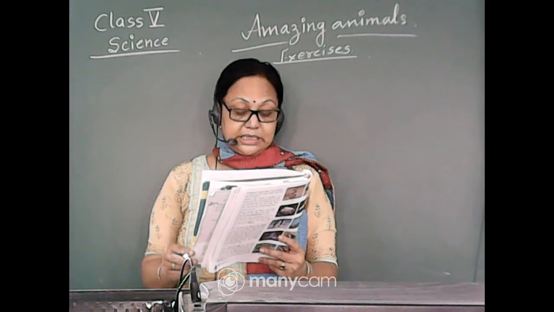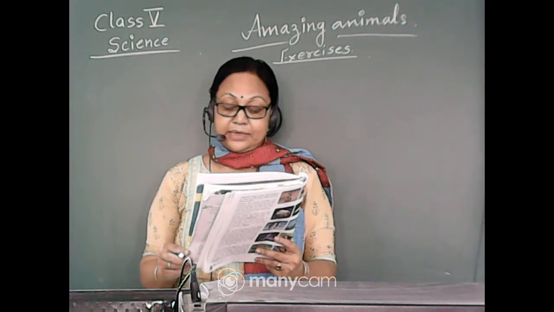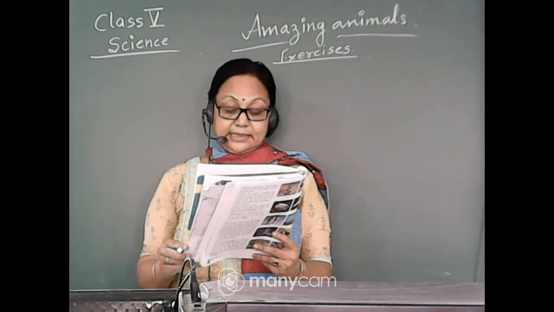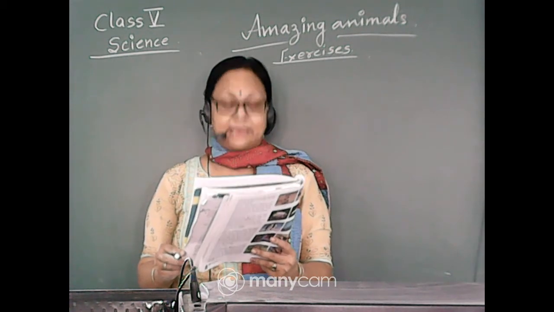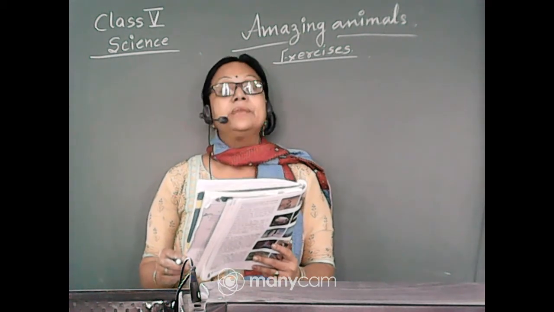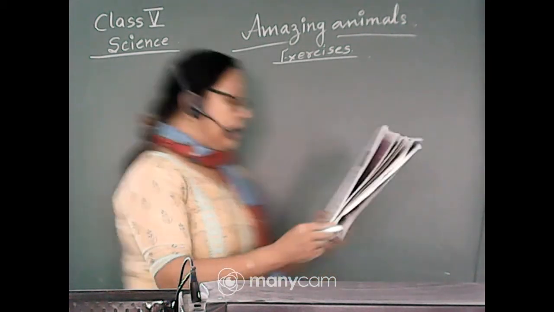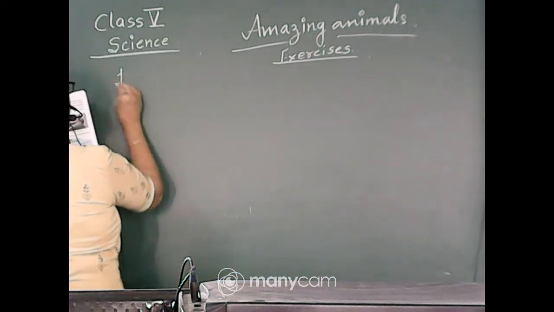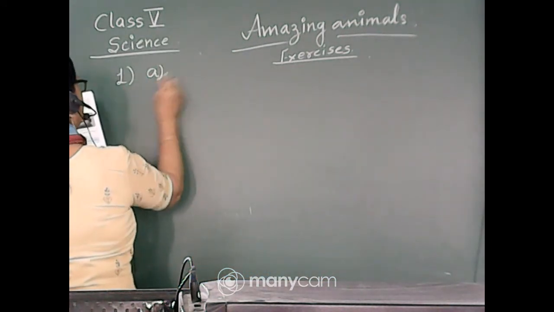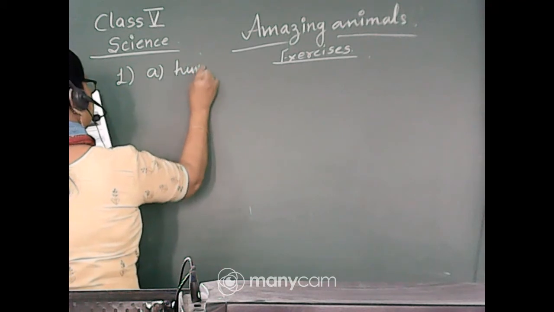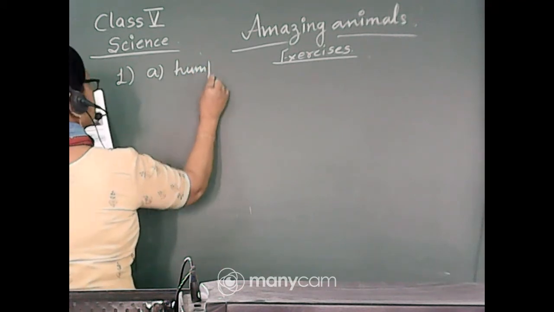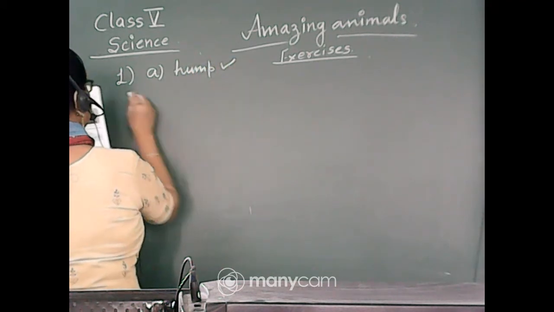The options are hump, stomach, and skin. We know it stores its fat in the hump. So the answer to question 1 is A, hump. Hump is the correct answer.